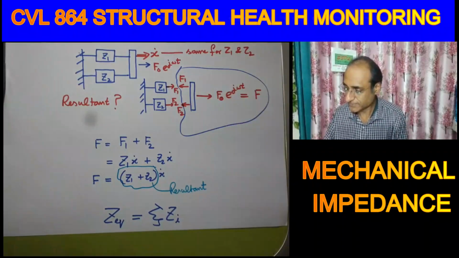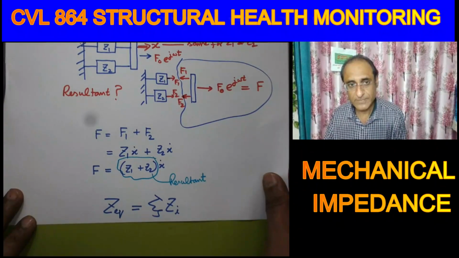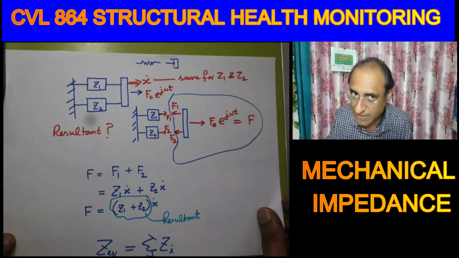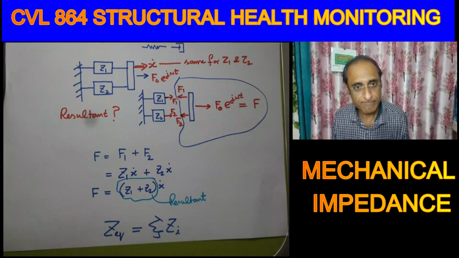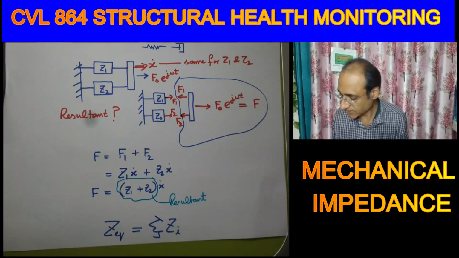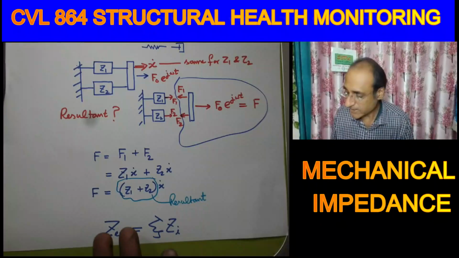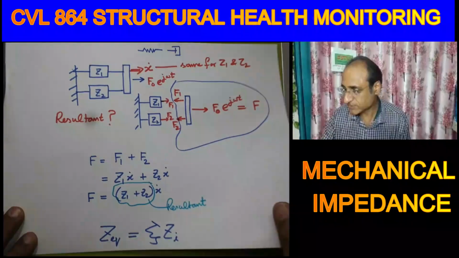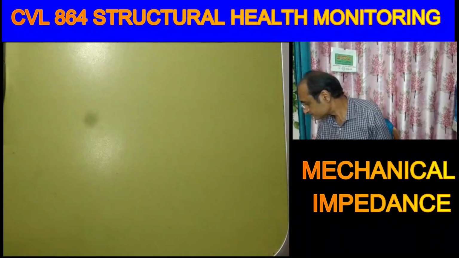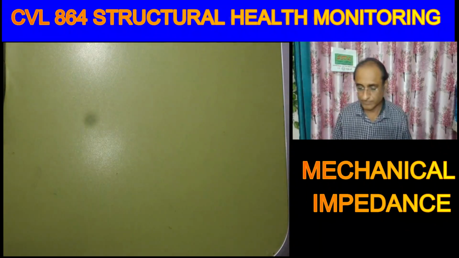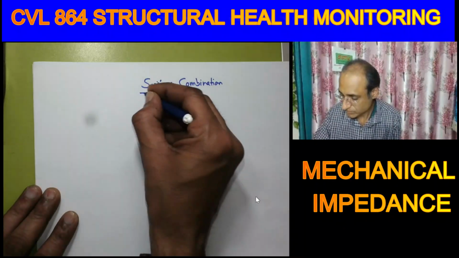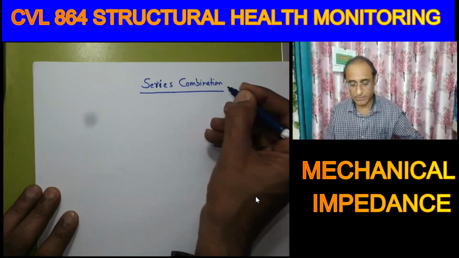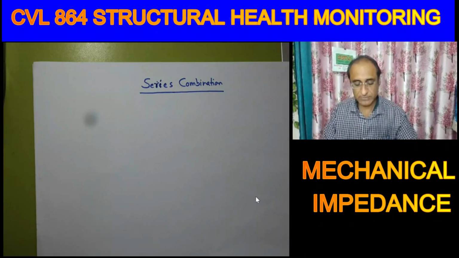Okay. Sir, Z equivalent is summation. Yes. If the impedances are in parallel, then the equivalent impedance will be algebraic sum. Right? The equivalent will be algebraic sum, and if they are in series, then what will happen? So if we have the impedances which are in series, then what will happen?